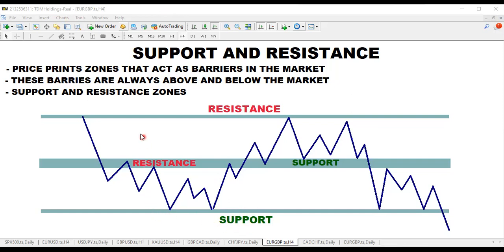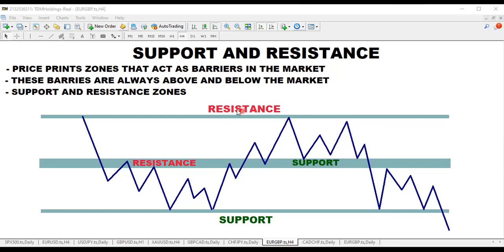So what happens is when the market prints these zones, we can then tell what's going to happen in future, because now looking at previously how the market reacted, we can then have confidence to say, okay, this is the zone that you're going to get a reaction from the market, whether it's a break, whether it's a bounce, still a reaction, right?